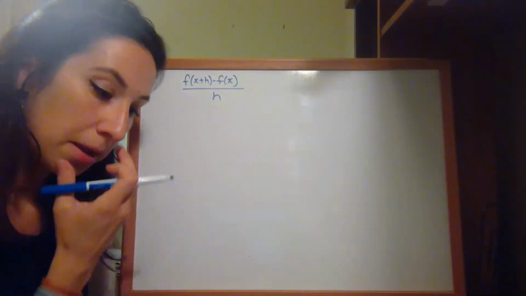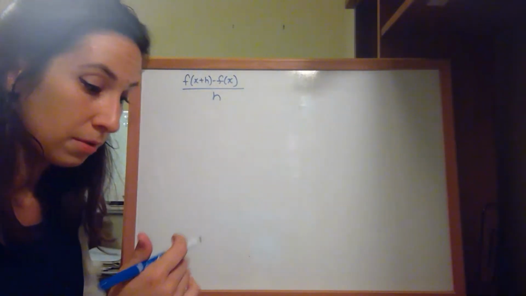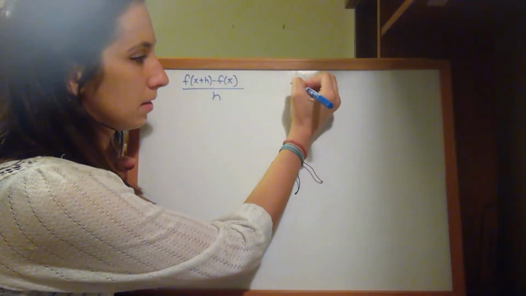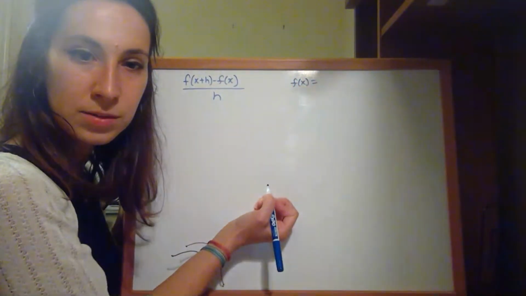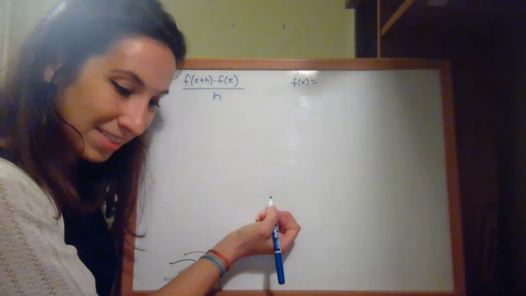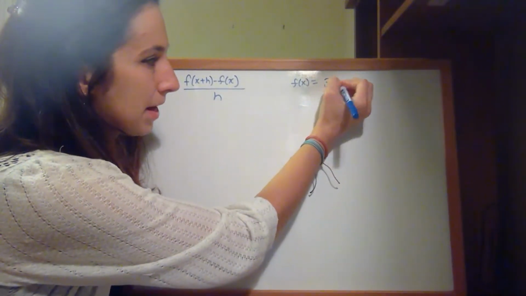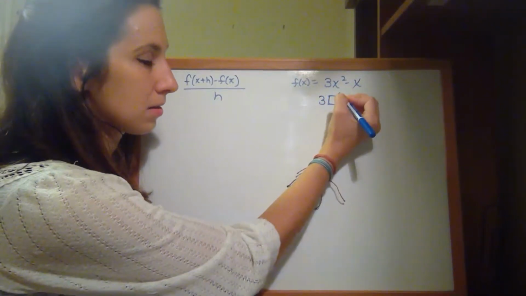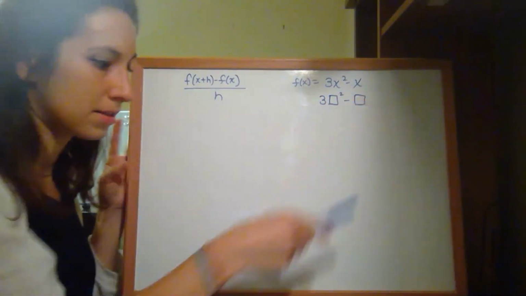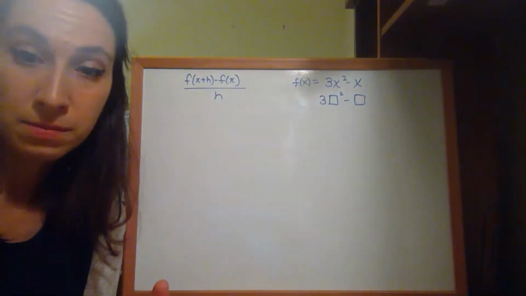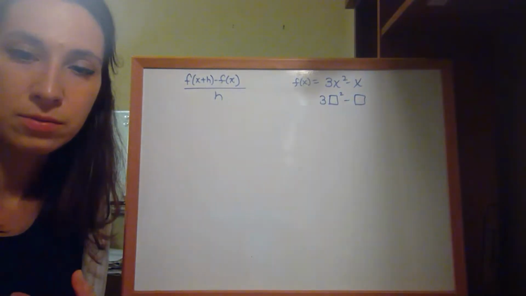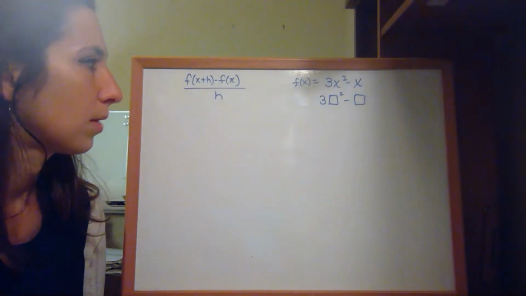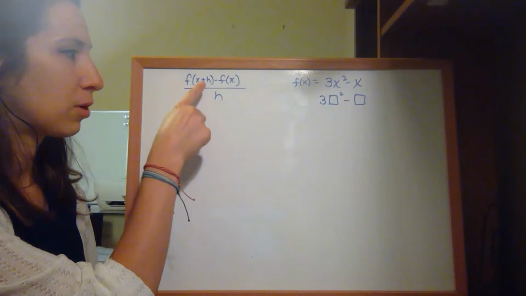The function that you're given in this particular problem is 3x squared minus x. Remember that's like 3 box squared minus box. And that box is where you put information in so that you can get information out. So we have 2 things that we need to put into this.